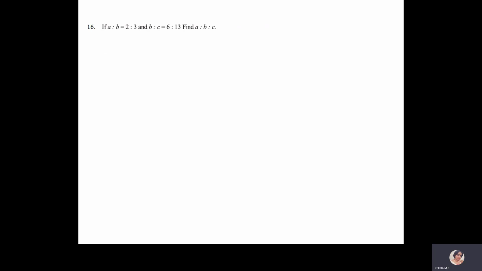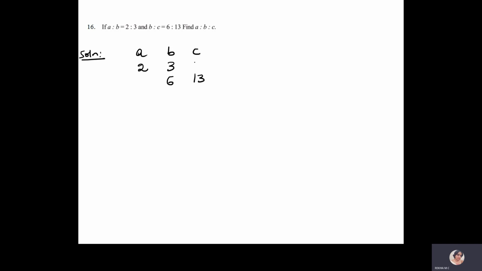Question. If A is to B is equal to 2:3 and B is to C is equal to 6:13, find A is to B is to C. So A, B, C. You can write like this, 2:3. You can write under A to B 3. B is to C is 6:13.